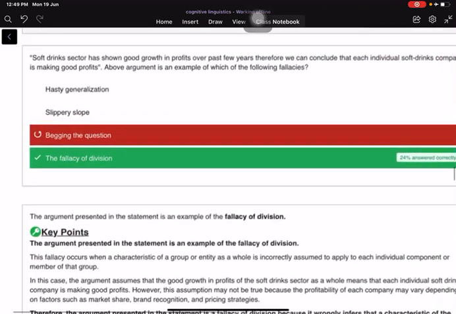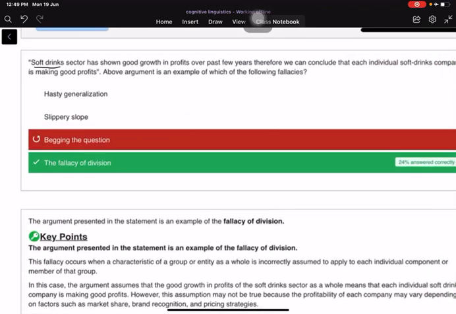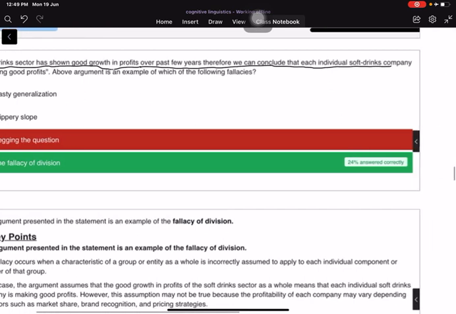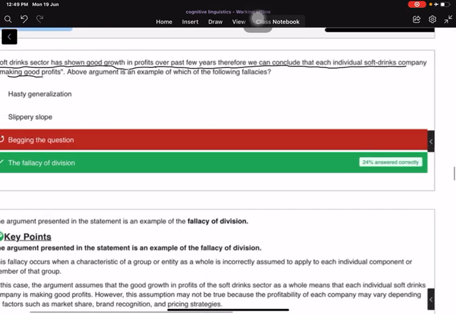Now, soft drinks sector has shown good growth in profits over past few years. Therefore, we can conclude that each individual soft drink company is making good profits. The above argument is an example of which kind of fallacy?